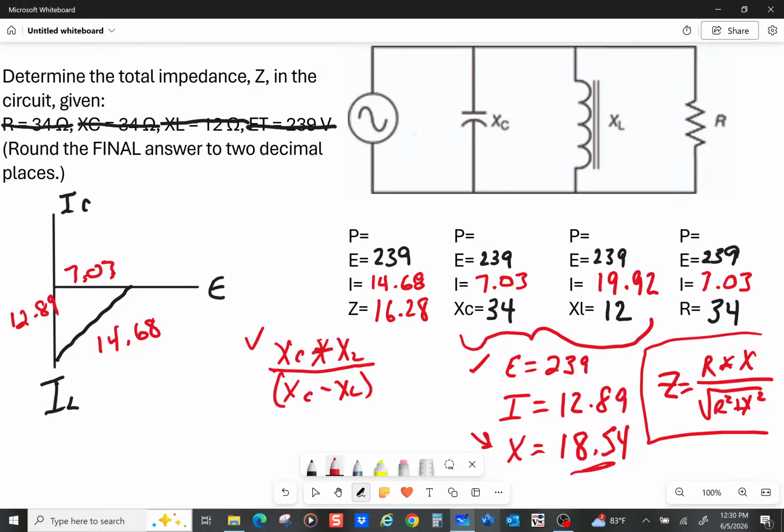Okay, so now the only couple things we've got to do: we've got to multiply up to get P, and in class I typically don't do that, but today we will. I'm going to start from the right side with my resistor, 239 times 7.03. I get 1680.17.